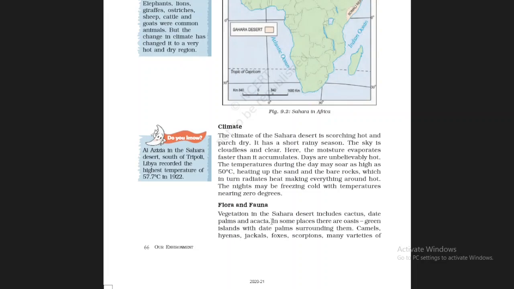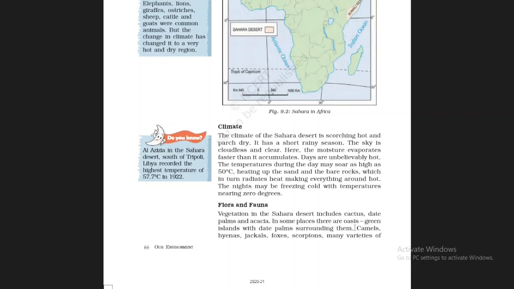In some places, there are oases, green islands with date palms surrounding them, where there is a little water and plants surround it.